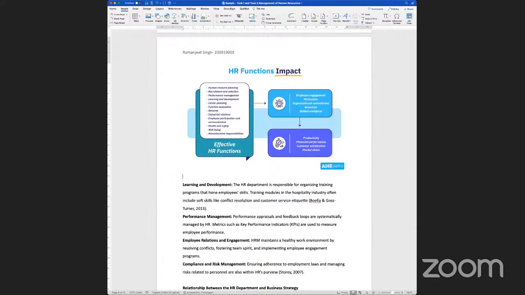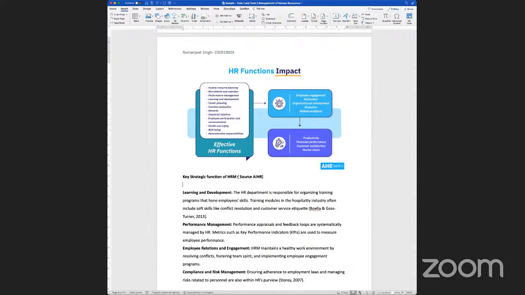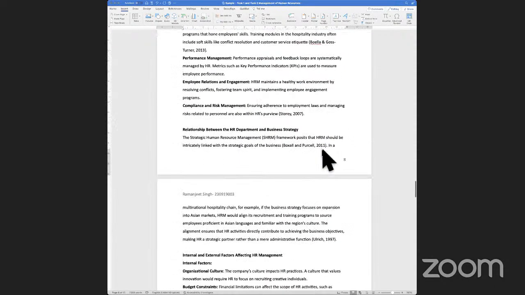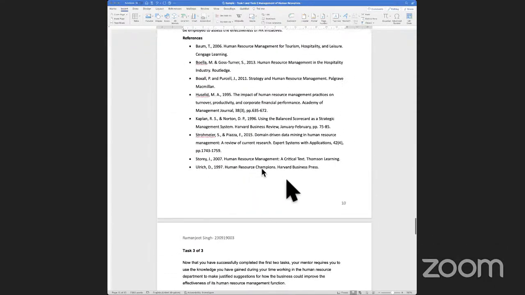I would put key strategic functions of HRM, source AIHR, and towards the end, I am going to obviously include a link, and that would essentially cover me giving credit to where I've taken this work from.